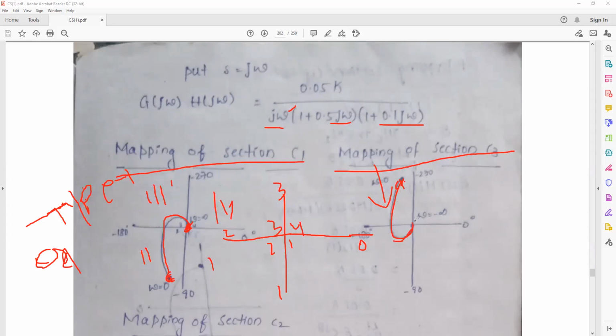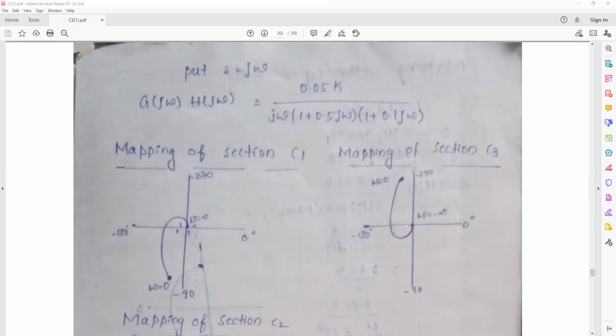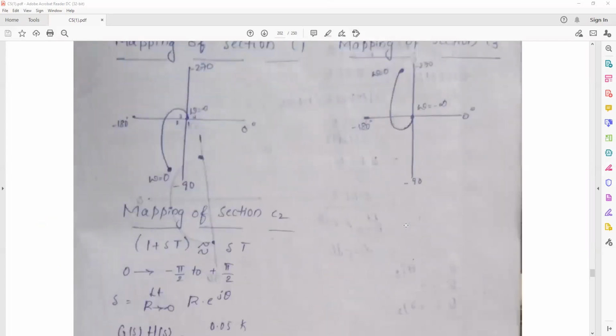Starts at third, ends at second. Okay, so this is the process in the mapping of sections C1 and C3.